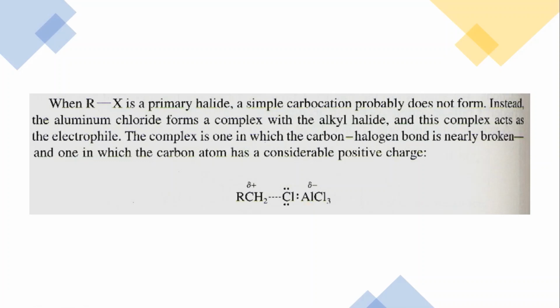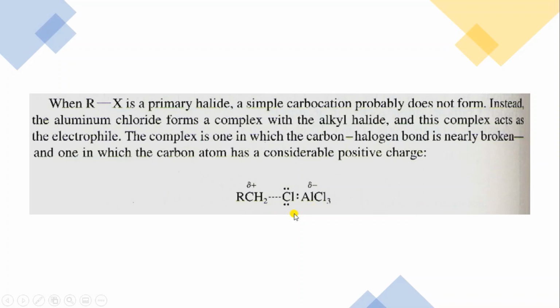When benzene attacks this complex, instead of it being separated into a carbocation and the aluminium chloride, the benzene ring would preferably attack the complex. After the attack of the benzene on the complex, the aluminium chloride will be left as AlCl4, and the carbocation will be attached to the benzene ring at this stage.